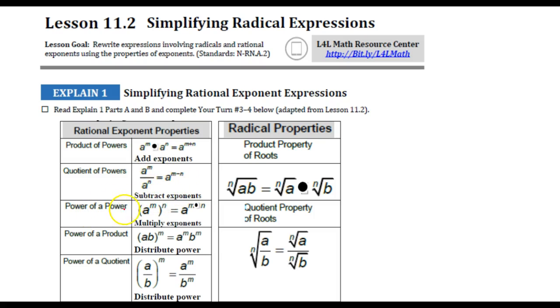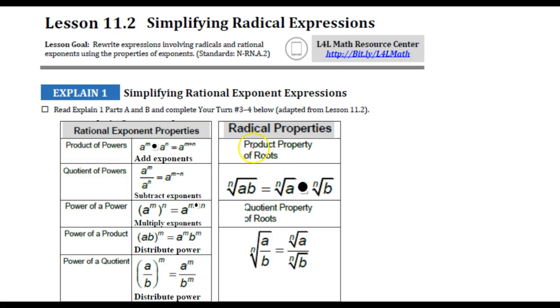If I have a power where a base to a certain power is being raised to another power, we can multiply the exponents. Power of a product, we can also distribute that exponent to what's inside the parentheses. And the same goes for whether they're being multiplied or if they're being divided.